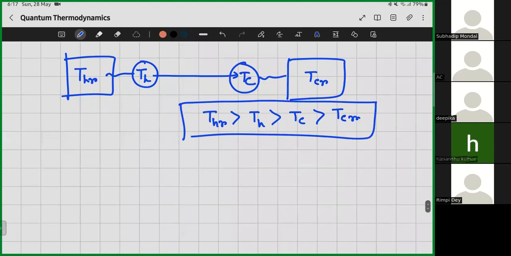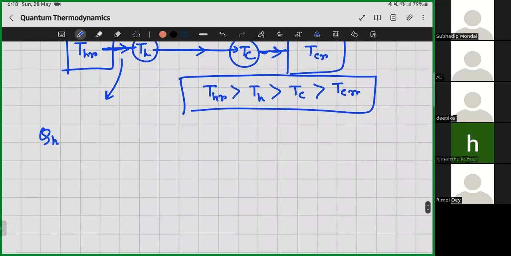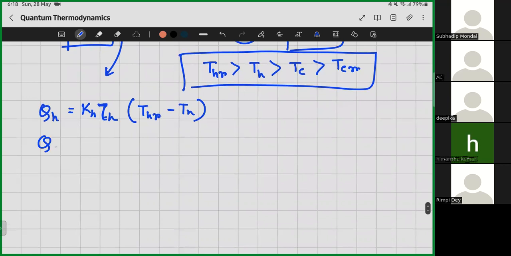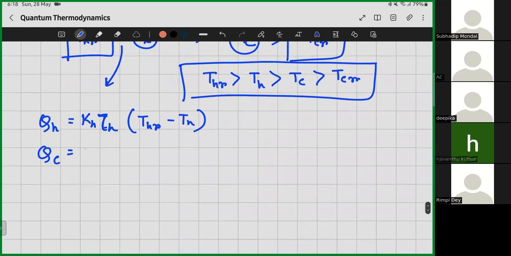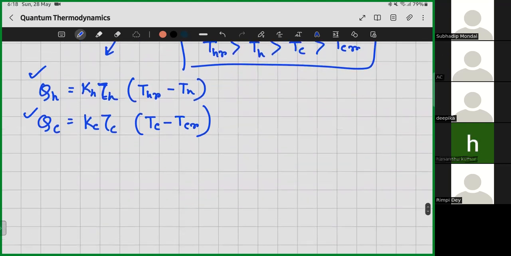Then the heat will flow from here to here, then here, then here, like this. This heat flow can be written like this: QH is kappa H, tau H, times THR minus TH. This is Fourier's law. And for this part, it will be kappa C, tau C. If we put in this QH and QC, then we can also calculate the efficiency and the power.